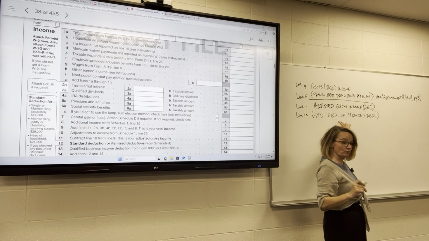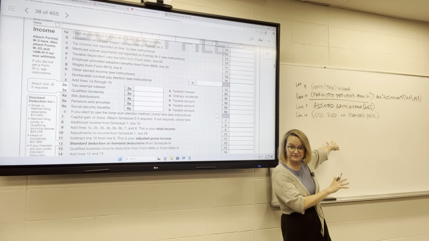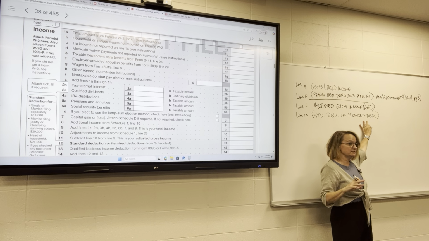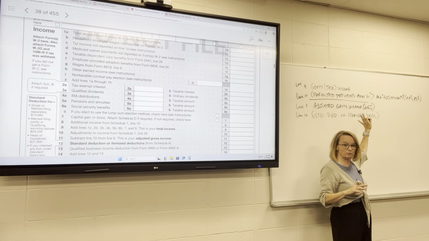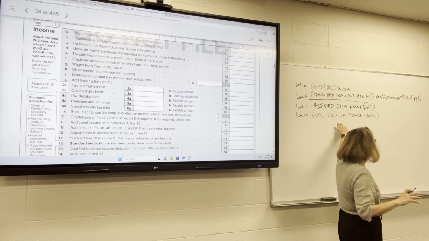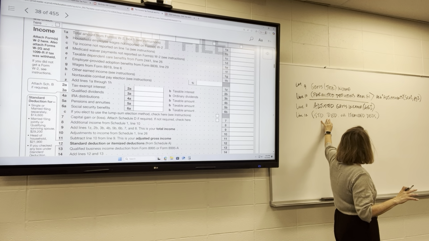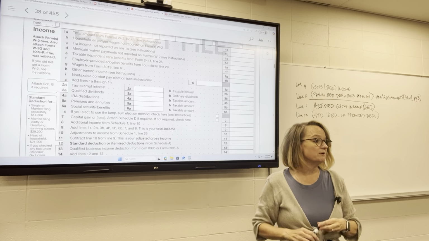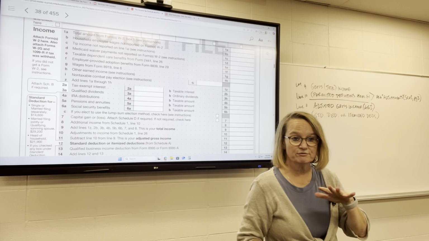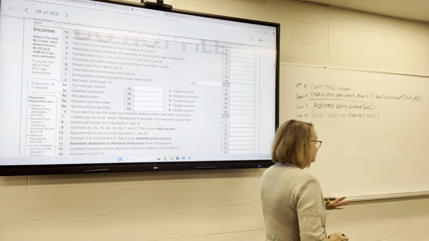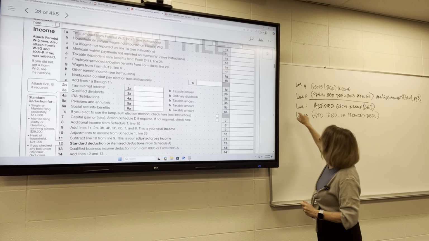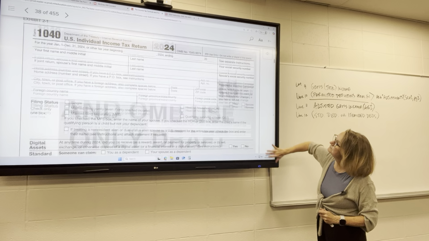Now, right now, we're just going to focus on the standard deduction. Chapter 5, we're going to talk in detail about itemized deductions. But know that it could be the standard deduction or it could be the itemized deductions. It's going to be whichever is higher, whichever is more, because that gives you the largest tax benefit. So that shows up on line 12.